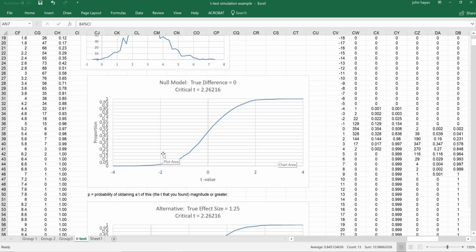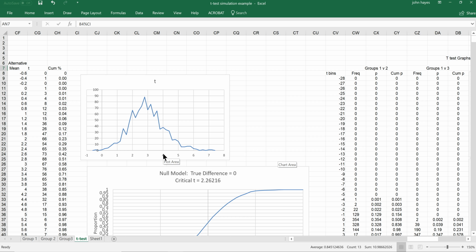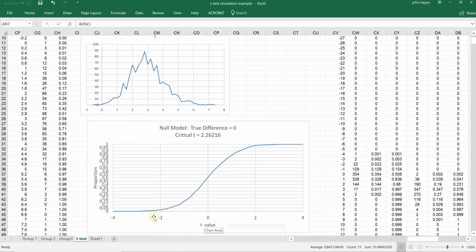When we say that it's significant, it's because we have all these possibilities of t's piling up at one area or the other.